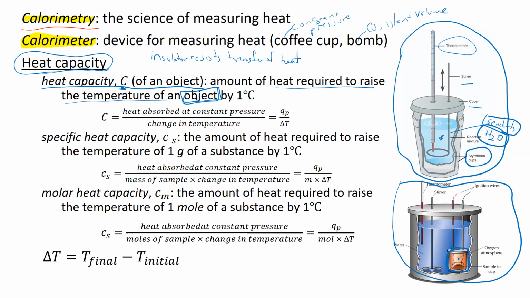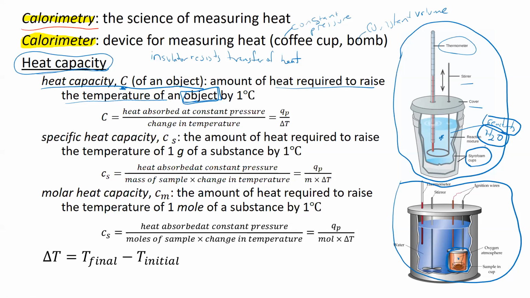So if I have a watch, that has a heat capacity associated with all of the components of that watch. The watch itself will go up by 1 degree based on its heat capacity, which is just the heat absorbed by that watch at a constant pressure, divided by the temperature change of that watch or that object. Okay, and I pick a watch because it's full of all these different components that may have individual heat capacities that are different, right?